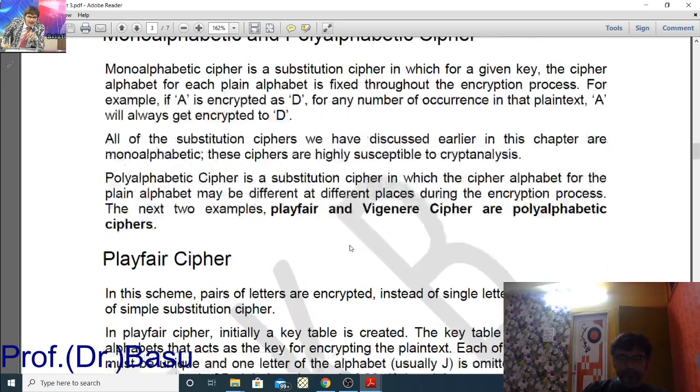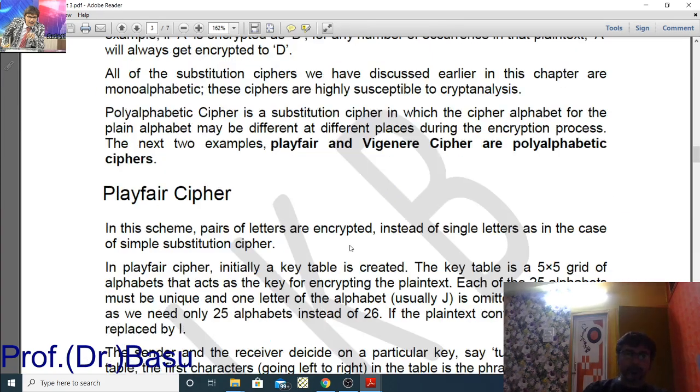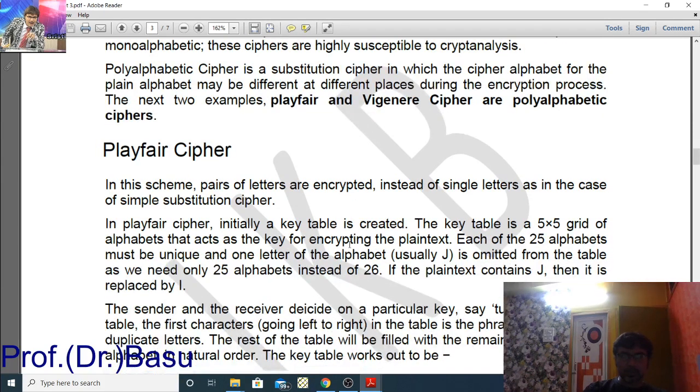Now let us proceed to the Playfair cipher. This is one of the important techniques for this subject, and you may get questions in the exam also. Here we have 26 letters actually.